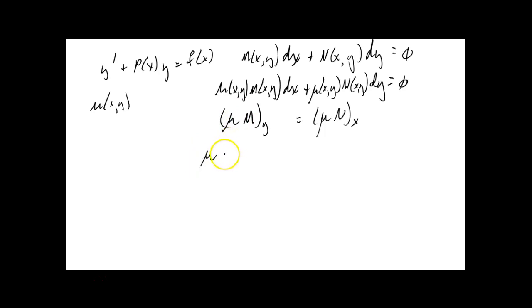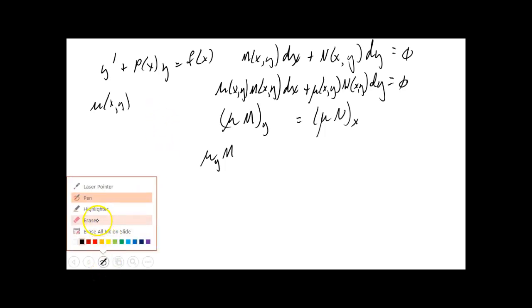Mu sub y times M. The sub means you're taking the partial with respect to that. I'm leaving off the xy's now. Because these are partials, we don't do primes anymore, we do subscripts.